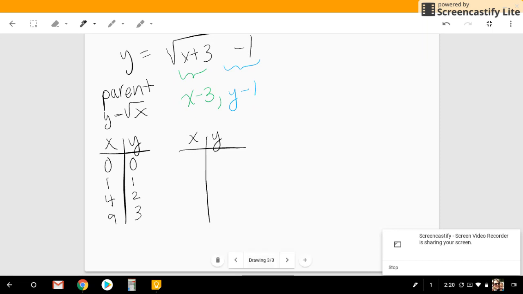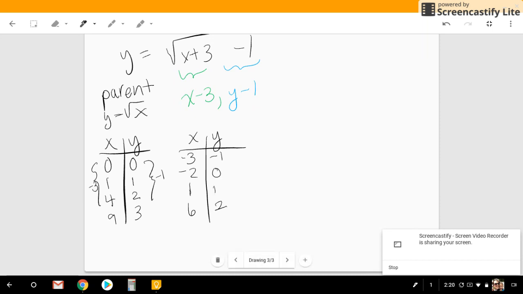Okay, so now when I make my new table, I'm going to take all of my x's and subtract 3. Okay, so I get minus 3, minus 2, 1, and 6. And then I'm going to take all my y's and subtract 1. So I get negative 1, 0, 1, 2.